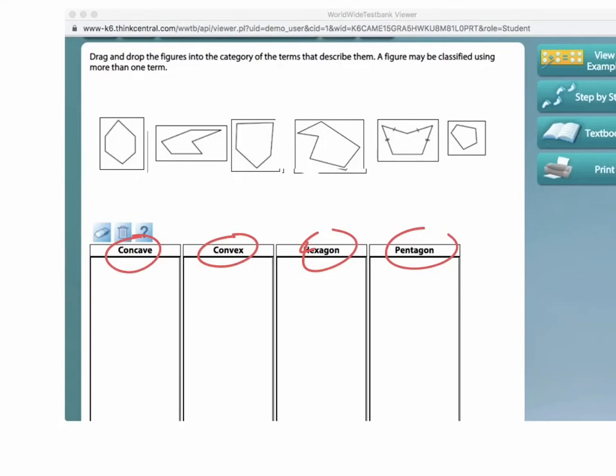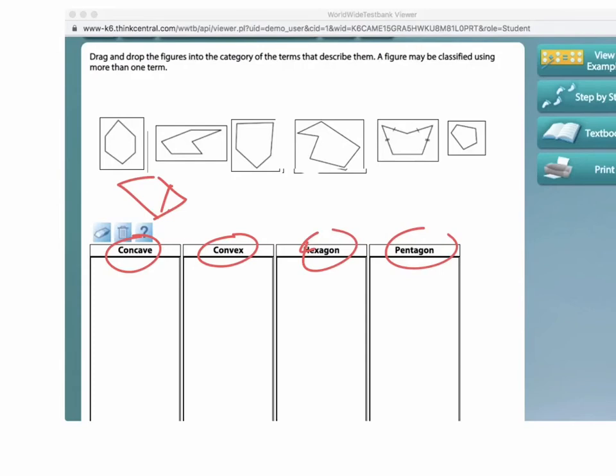A convex shape is without an inward. It doesn't go inward. It just is outside. You cannot connect two parts of the shape without going inside it. So that's convex, concave. Think of a cave.